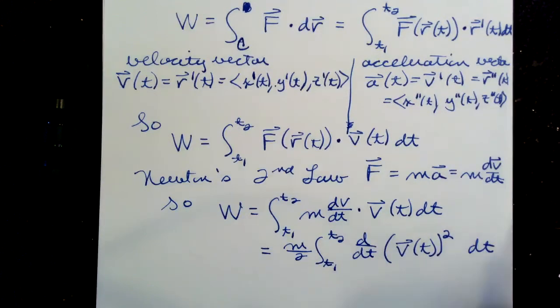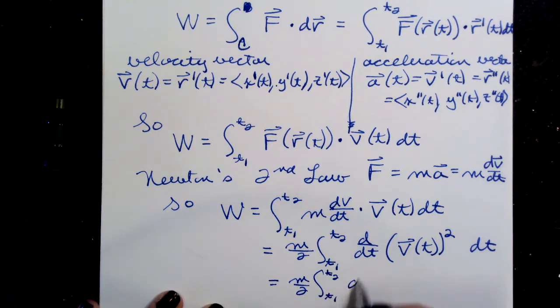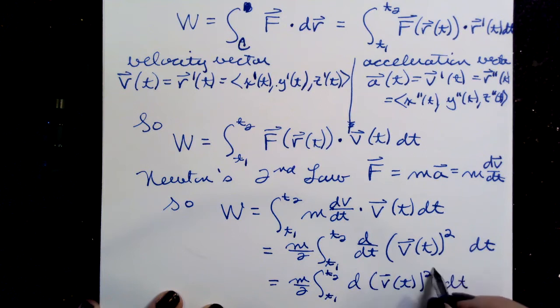All right. Let me rewrite that a little bit more. So that's d of v of t quantity squared, and the dt's have canceled.